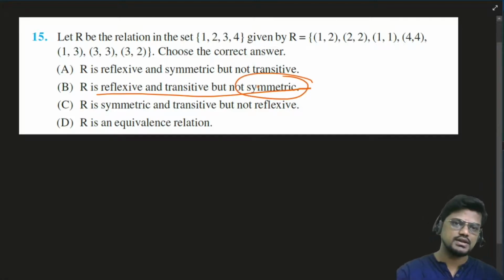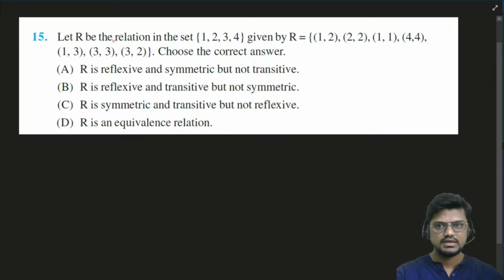Why is it not symmetric? See, (1, 2) is there, but (2, 1) is not there. (1, 3) is there, but (3, 1) is not there. (3, 2) is there, but you don't have (2, 3), right? So you don't have symmetry, so that's why answer B is right.